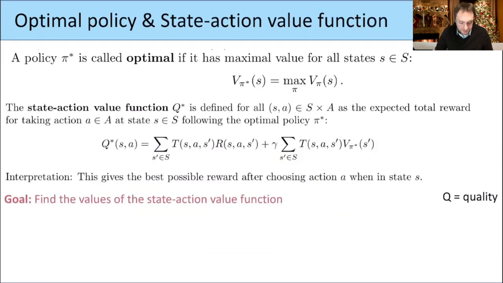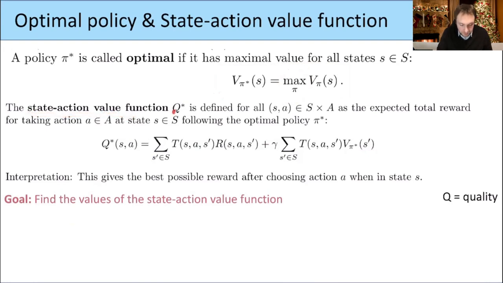Okay, and of course the goal is to find the optimal policy, but it's quite hard to find it by considering all possible policies. So we first rephrase this a little bit by using the so-called state action value function.